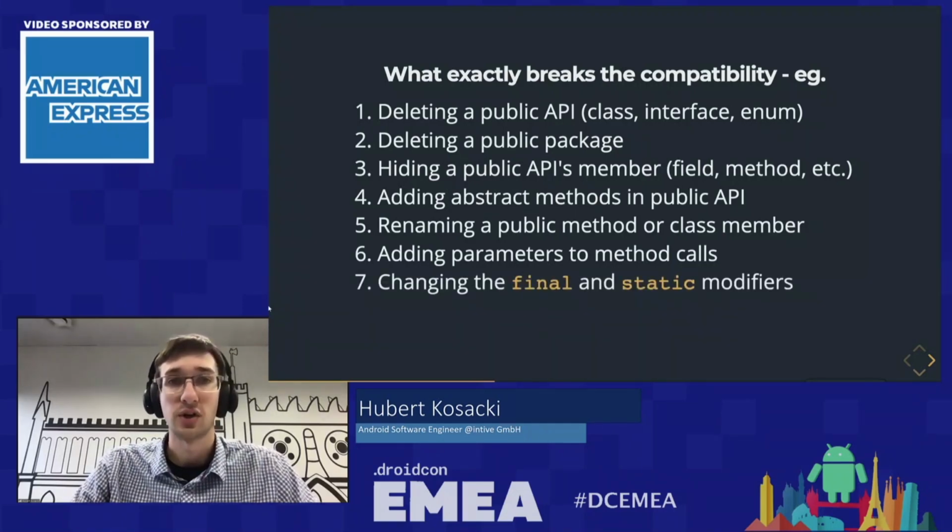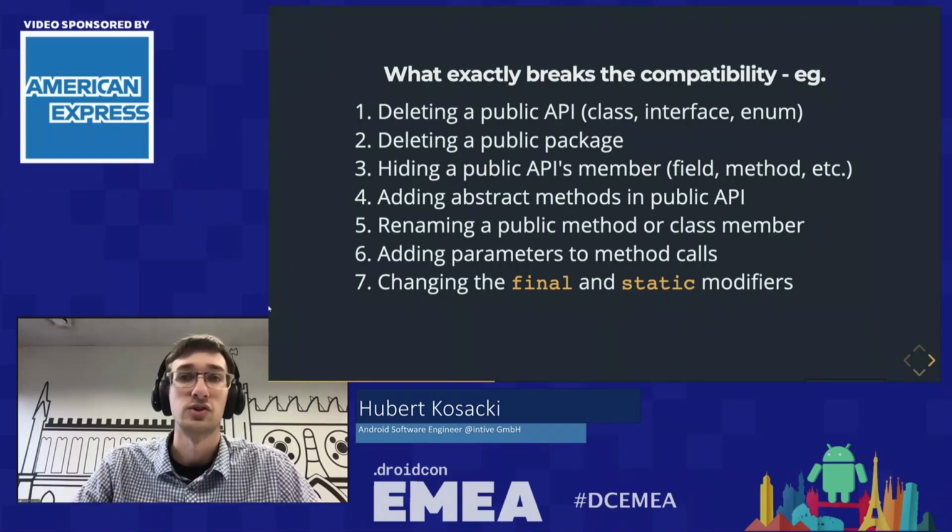If we change our methods or other members to be final or static, in terms of adding the static modifier, the whole reference to these members will change, and this makes our code binary incompatible.